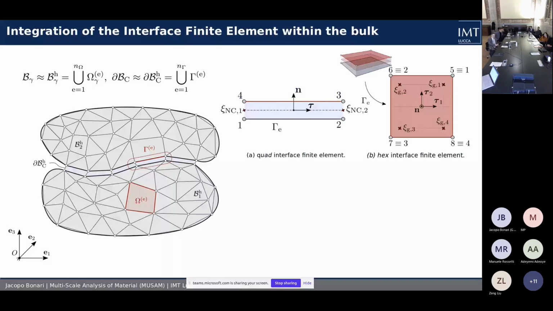And this could be done by the definition of a suitable interface finite element, which connects the two bodies in contact.